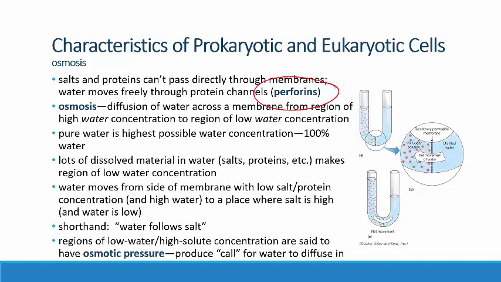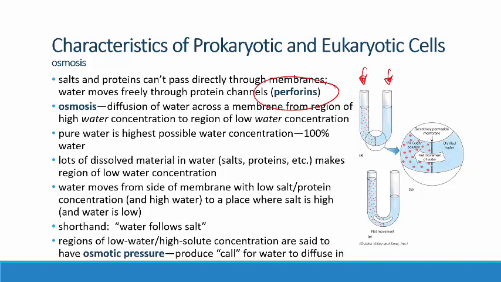So notice we have this U-shaped tube, and there's a membrane here that mimics the plasma membrane. It lets water through, but it doesn't let salts through. Or in this case, they're using sugars as the solute. So we have a lot of sugar dissolved on this side of the tube, and no sugar, so it's 100% water, on this side.